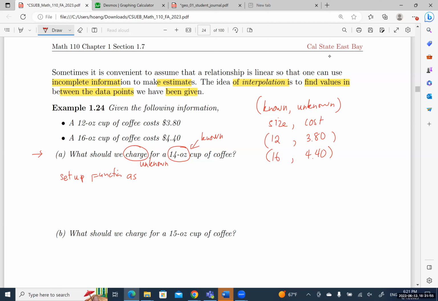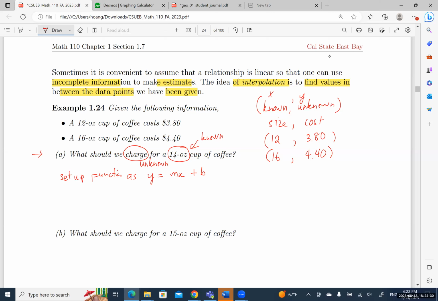Inside, you can use x and y, or maybe s and c. Let's do x and y. So we're going to write y equals mx plus b, since I consider this a linear function.